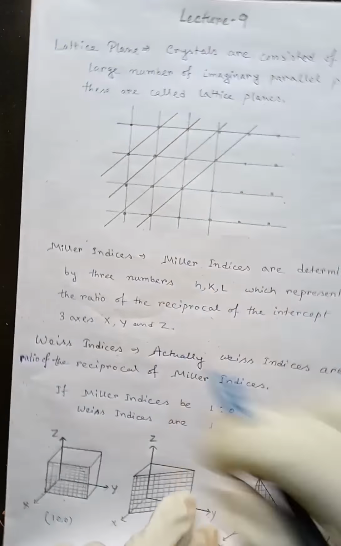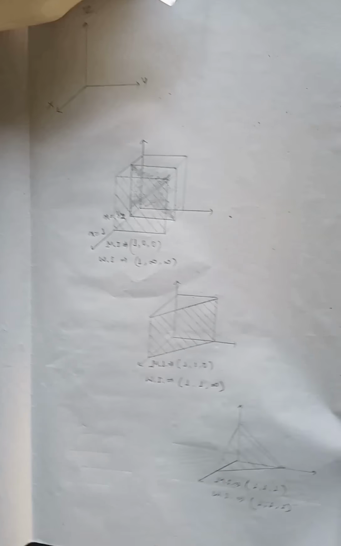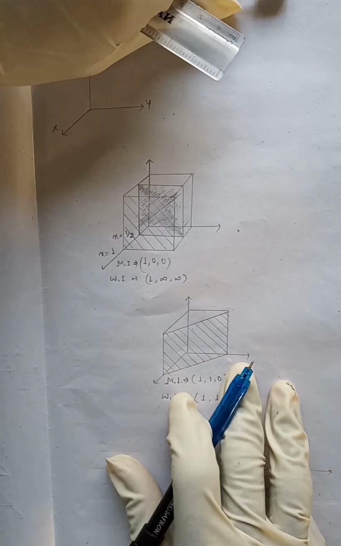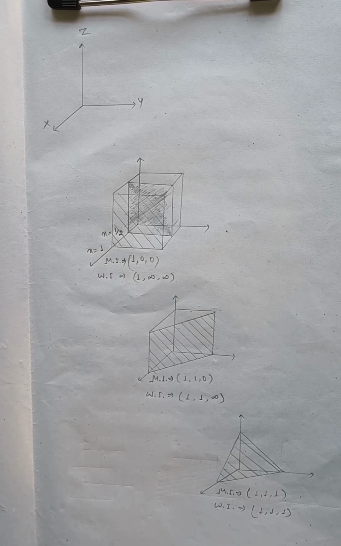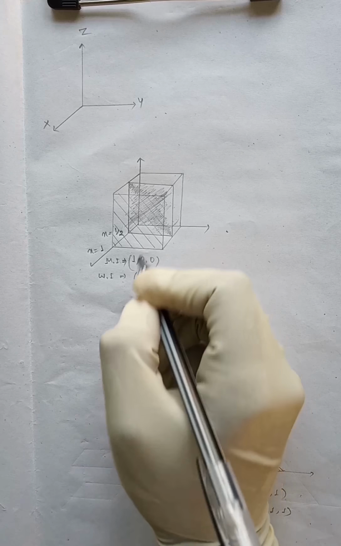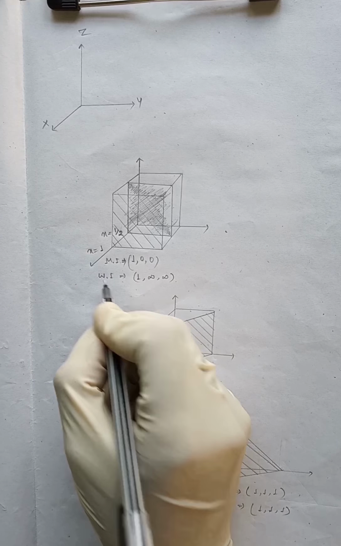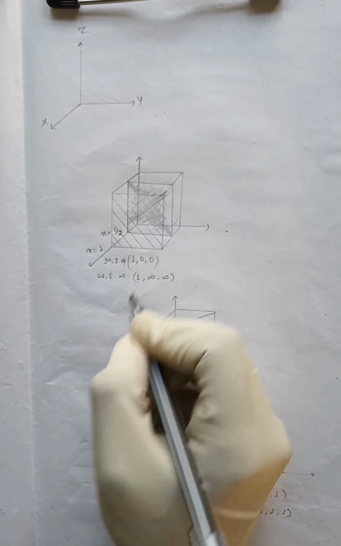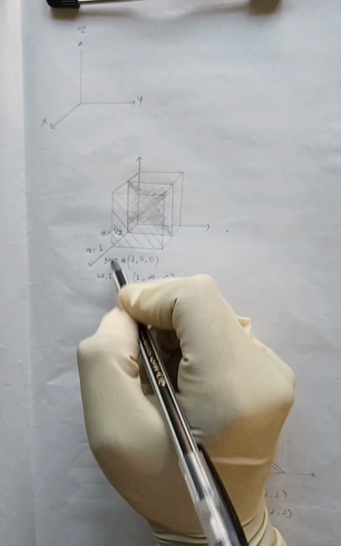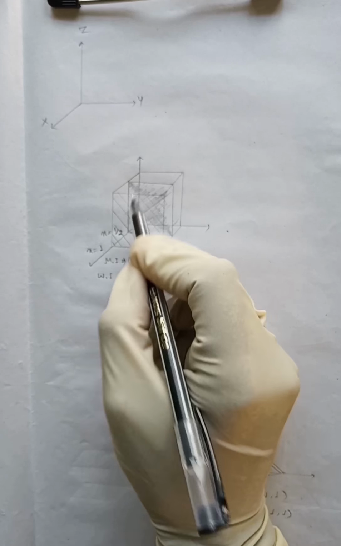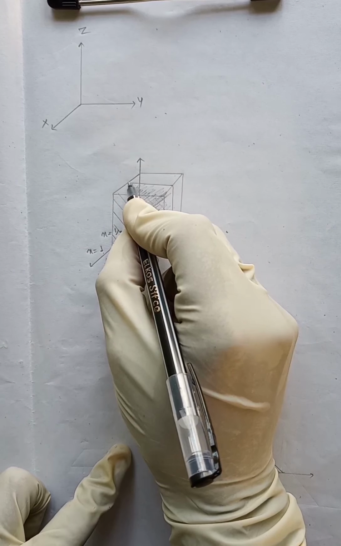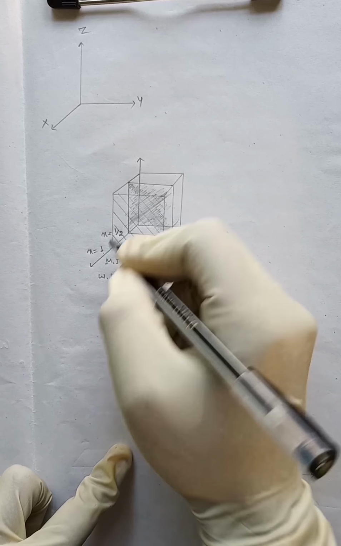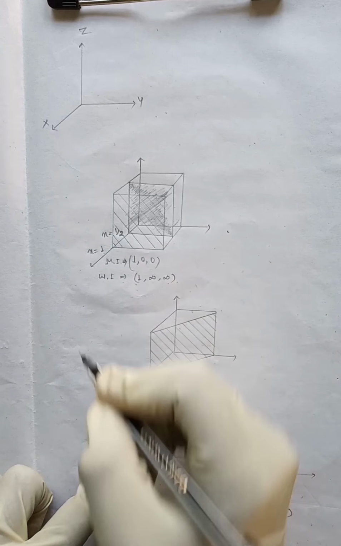So I have just shown these three pictures in the next page. Now look at this carefully. Here, my Weiss indices are 1, infinity and infinity. That means this plane is cutting x equal to 1 and y and z equal to infinity. So what about this plane, which is cutting the x-axis at x equals to half?